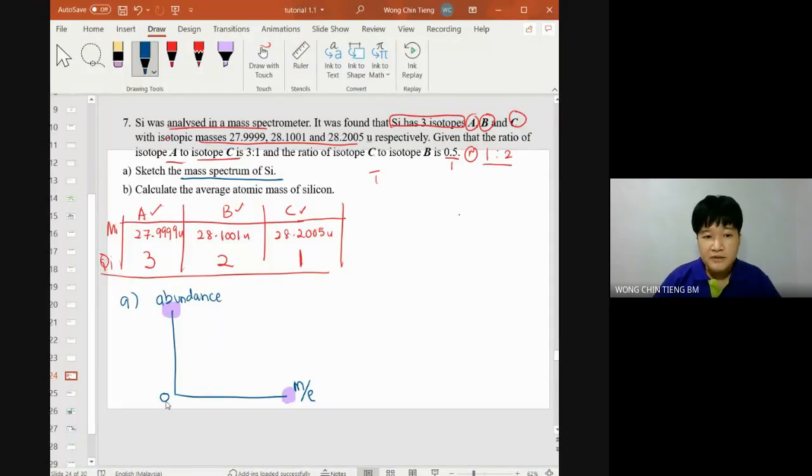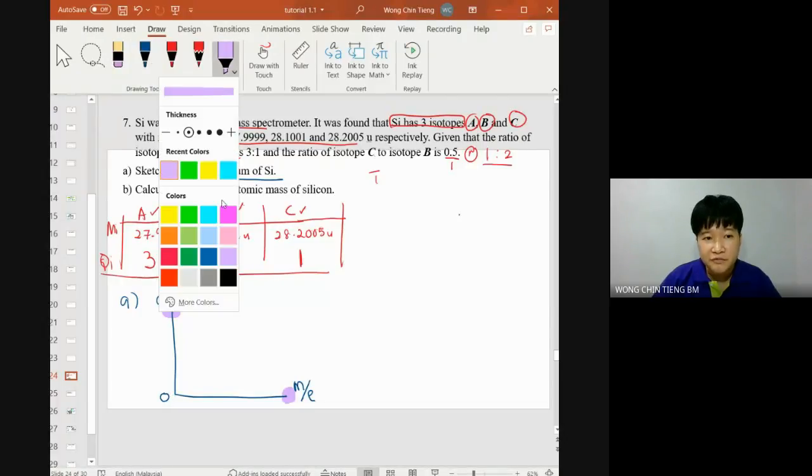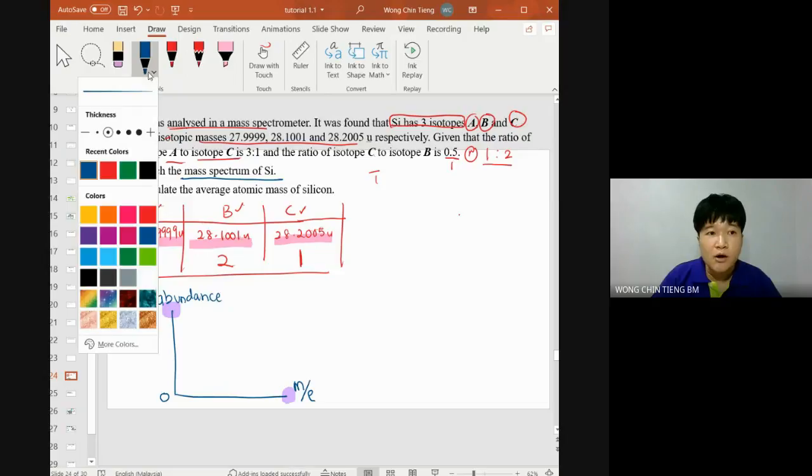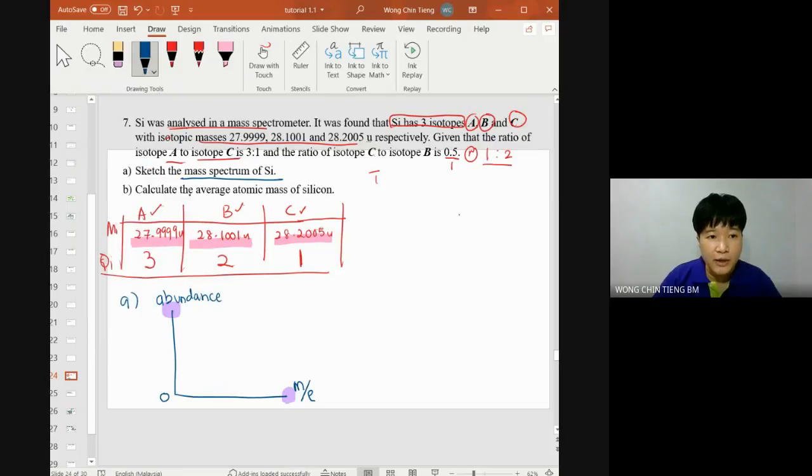And from the 0, you must always start with the smallest atomic mass. Check on the atomic mass, which one is the smallest atomic mass. That is the one that you start on the left. So looking on the atomic mass, you know that your A is 27, your B is 28.1, your C is 28.2.